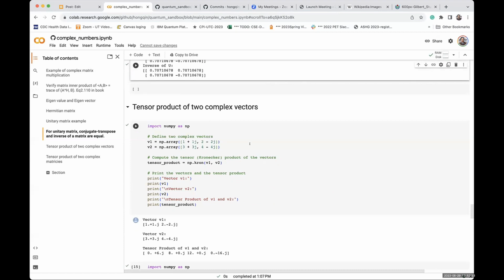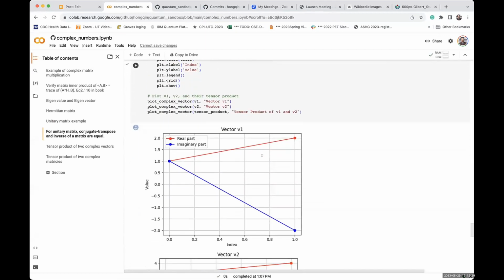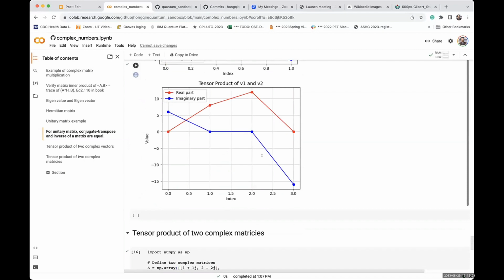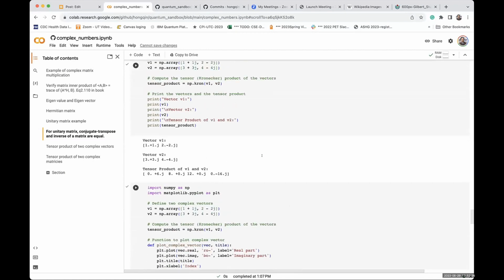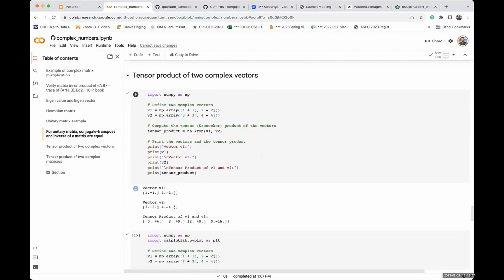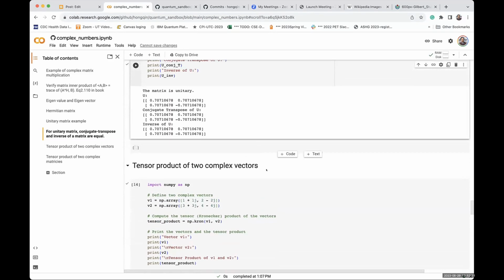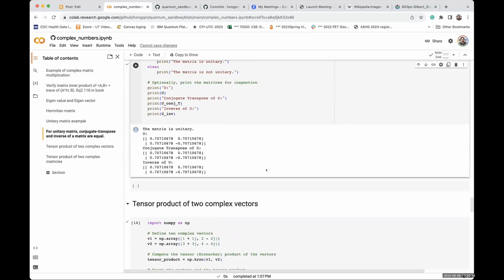Okay, finally, it's the tensor product, which took me a while. I'm glad I'm trying to give a lecture on this. It really also helped me understand the tensor product versus the matrix product.